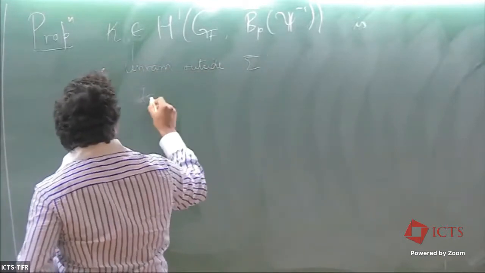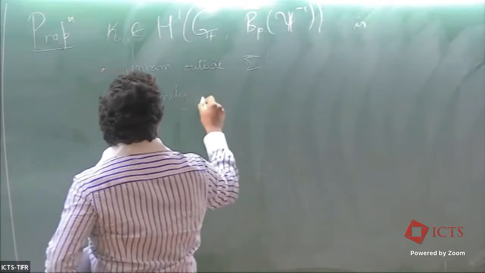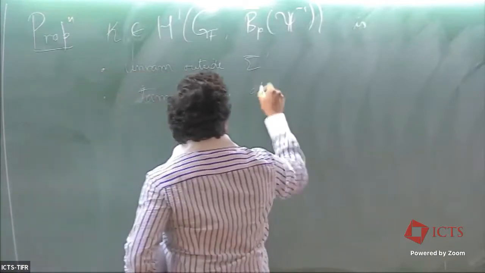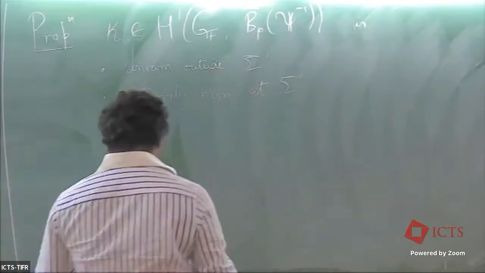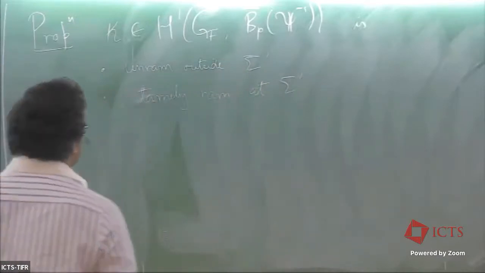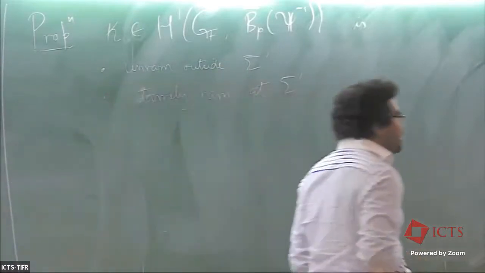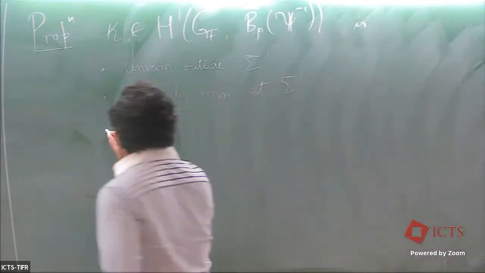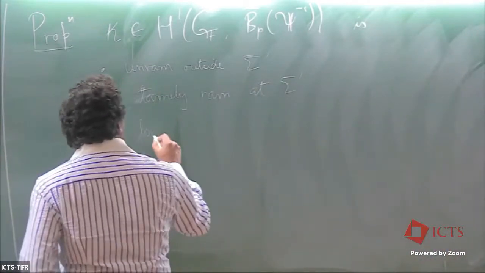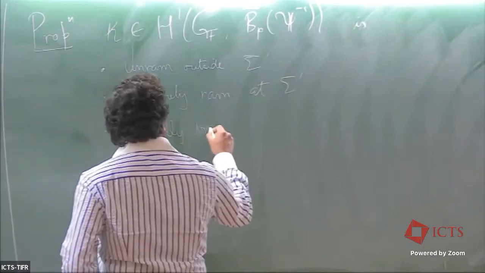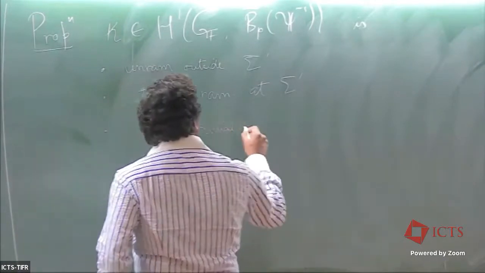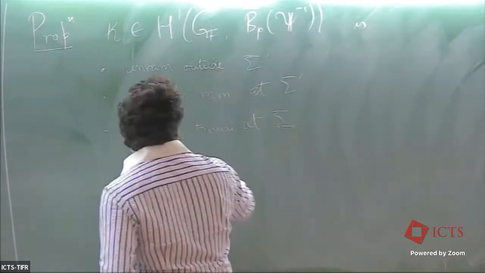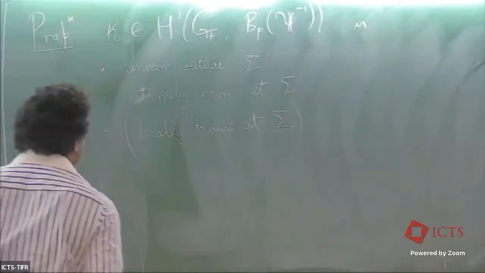So I'll just say tamely ramified at sigma prime, and then locally trivial at sigma, but sigma is empty, or just the Archimedean places, because of our assumption. Nevertheless, let me write it down because that's one of the conditions we had: locally trivial at sigma. So we don't really need this in case 1.